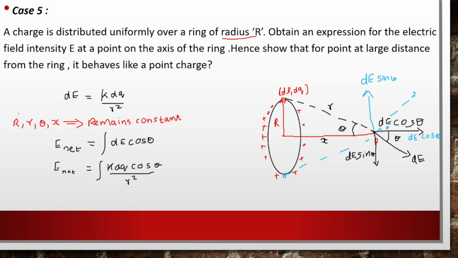And here K is constant, r is constant, and theta also remains constant. So we can take K, r square and cos theta out of this integral. So we can write it as K cos theta by r square.